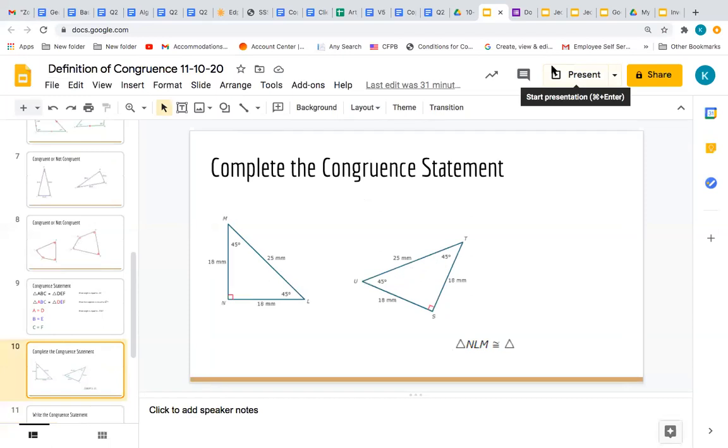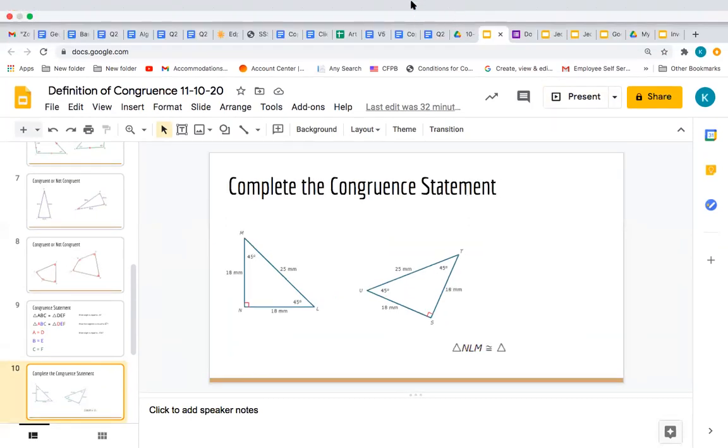So you have two triangles, triangle NLM, and the other one we have to write down in order to match the order of the other triangle, because both of them are congruent. So then we can easily figure out the corresponding parts. Let's see how we can do it.